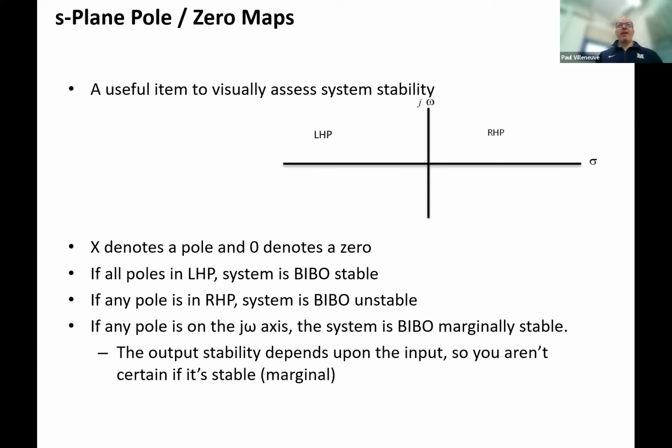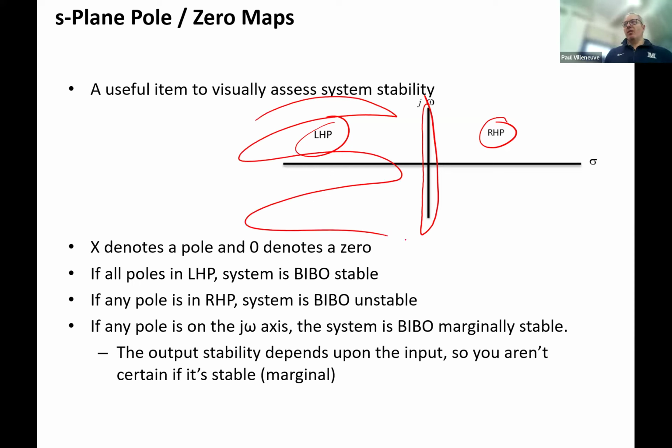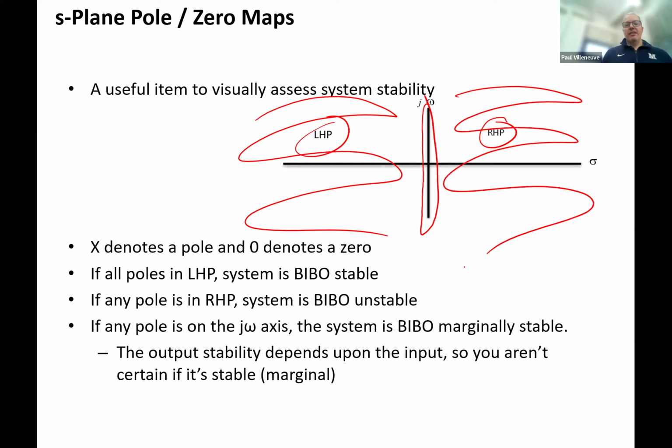Our pole zero map, or our S-plane, has three parts that are important to us. We have our left-hand plane or left-hand half plane, depending on which book you believe, your right-hand plane, and your J omega axis. So everything over here is denoted left-hand plane. Everything over here is denoted right-hand plane.